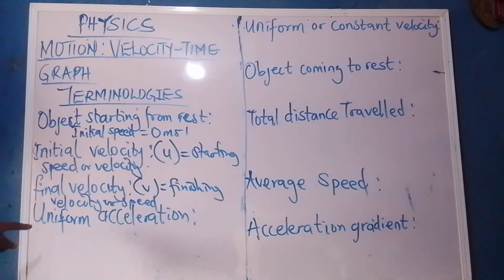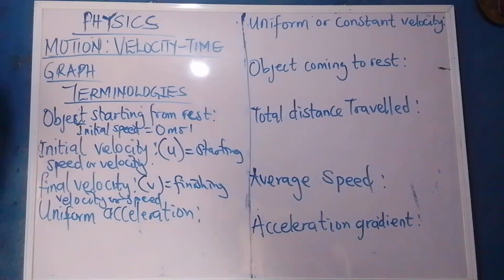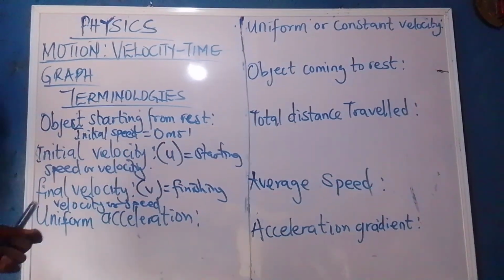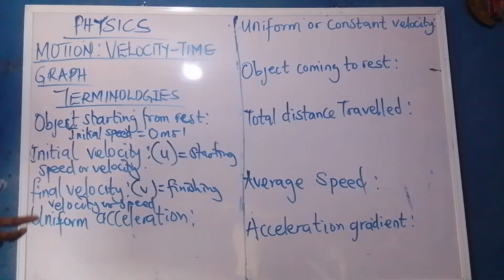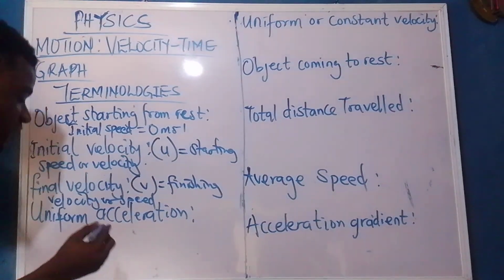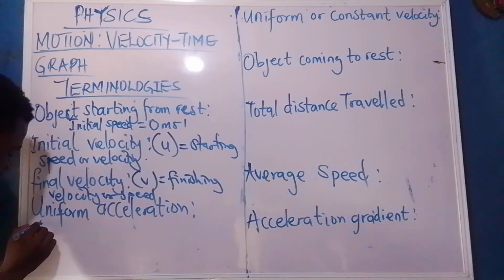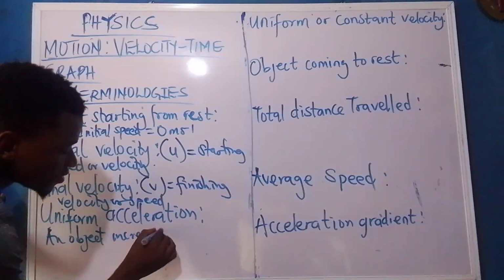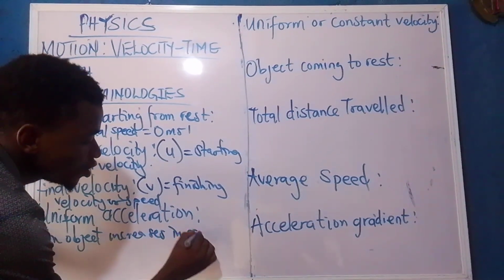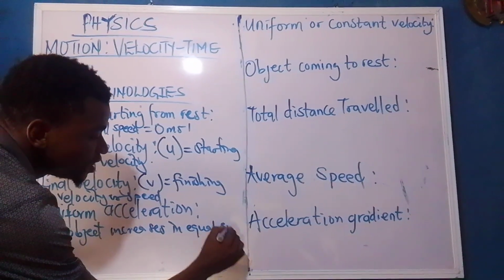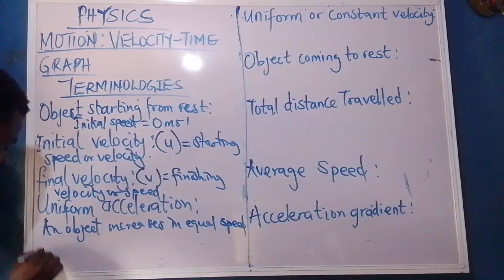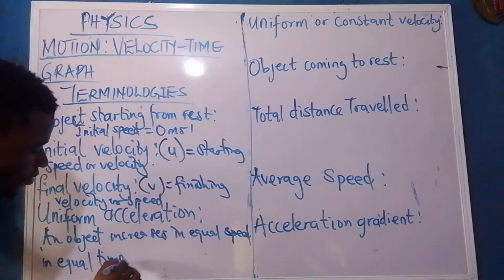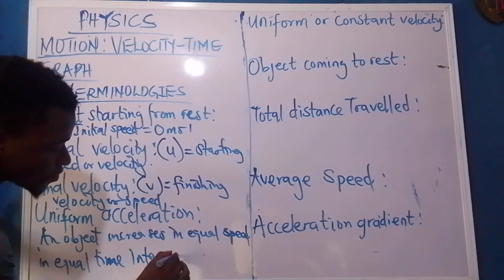Now the next one we are going to focus on is the uniform acceleration. What is uniform acceleration? It means that an object increases in equal amounts of speed or velocity in equal time intervals.